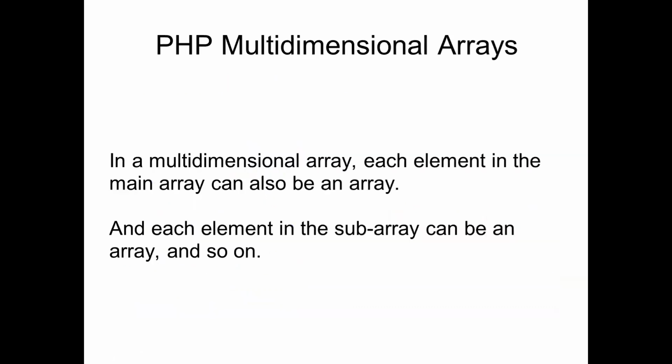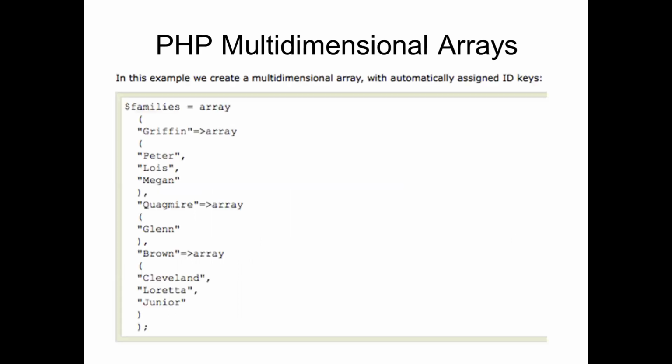And the third one is multi-dimensional array. So as I told you, it can hold one or more arrays. That is what multi-dimensional array. Look at the example here. We have created a multi-dimensional array. I have taken the name of the variable as families. It is an array object. See here, I have taken Griffin.